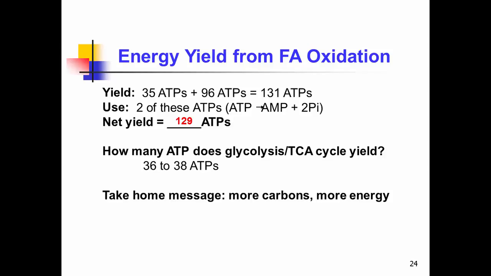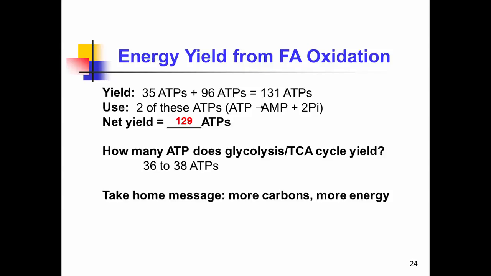So if you compare to oxidation of glucose, the ATP production from oxidation of one molecule of glucose, still remember, only generates 30 to 38 ATPs, right, from glucose oxidation. So 129 versus 36 or 38 ATPs is much, much more, right? So oxidizing one fatty acid produces much more ATPs than oxidizing one glucose.